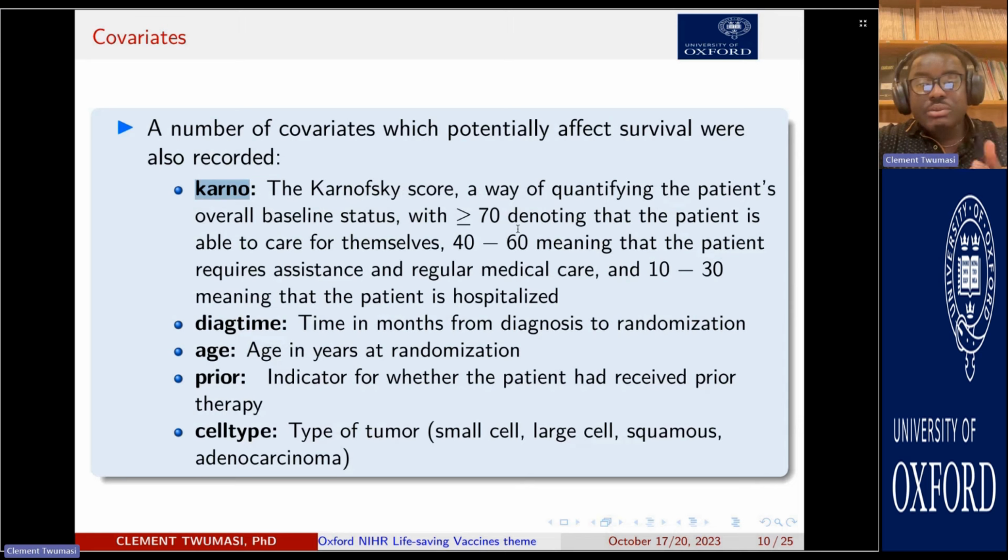If the score is greater than 70, it implies that the patient is able to take care of themselves. If the score is between 40 and 60, it means that the patient requires some assistance. The minimum is often 10, and it's often recorded in a discrete fashion, and that's why it has been discretized in that manner.